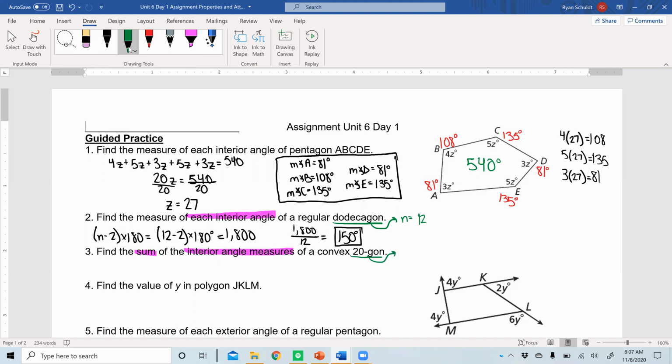What this tells us is that n equals 20. They're just asking for sum, so that's going to just be 20 minus 2 times 180. That's going to be 3,240 degrees.